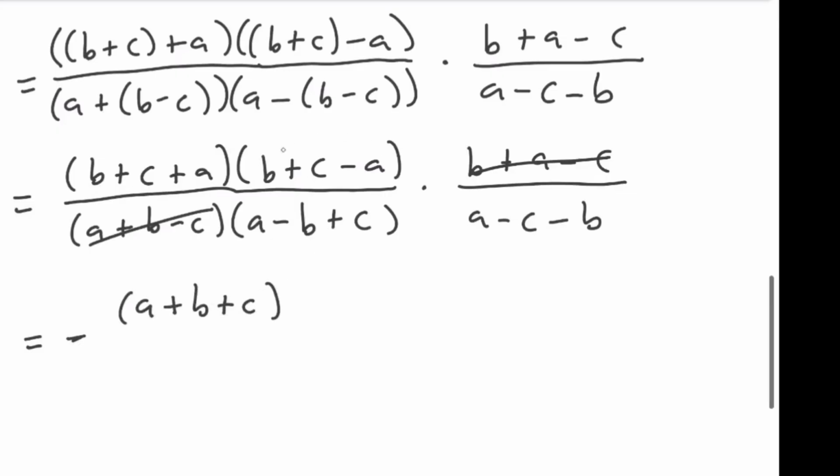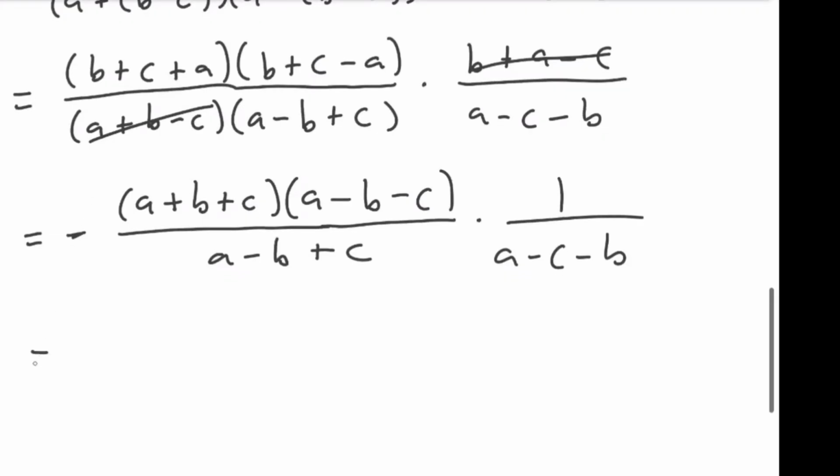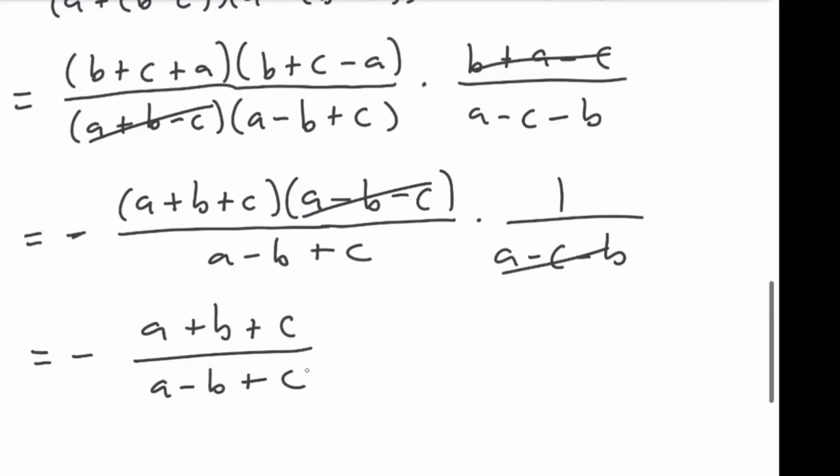But if I factor out the negative from the second one, that'll be a minus b minus c, all over a minus b plus c times 1 over a minus c minus b. And then this will be equal to negative a minus b minus c, I guess I could have rearranged that, but this is the same thing. This is 1. So I am left with negative a plus b plus c over a minus b plus c. And that's as much as we can reduce.